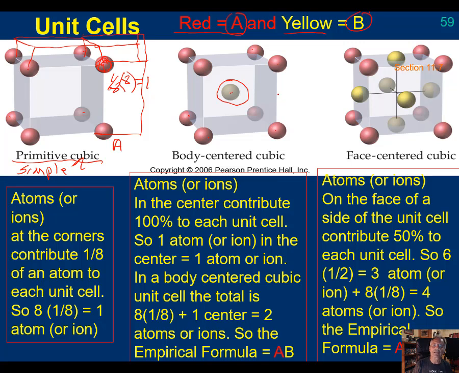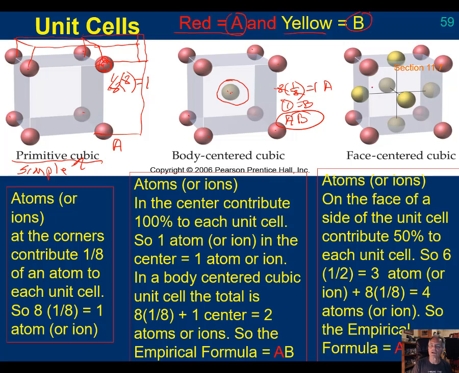So that gives us 8 times 1/8 reds, which is just the 8's cancel, and we get a 1. So that's an A. And then we have the 1 yellow, that's a B. So that's just 1, and that's your B.